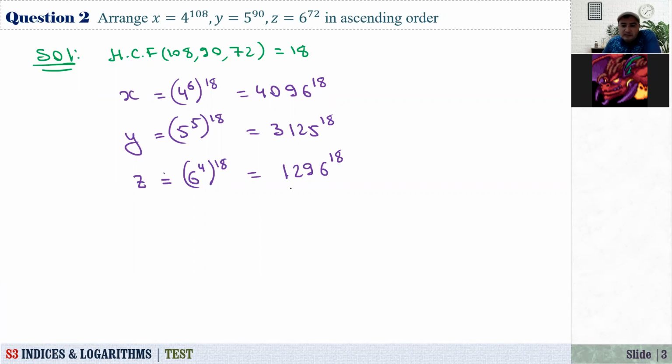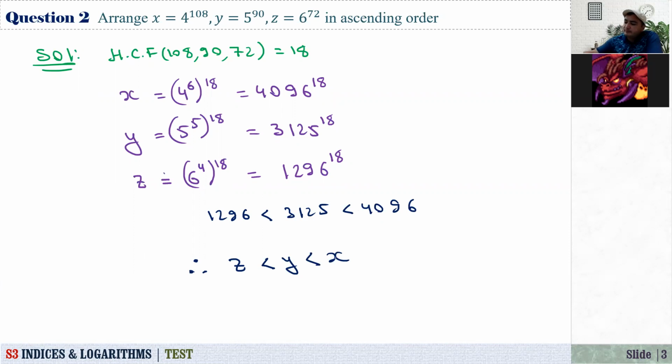The smallest one is z, since 1296 is less than 3125, which is less than 4096. It says ascending order from the smallest to the biggest. So z is the smallest, the second smallest is y, and the biggest one is x.